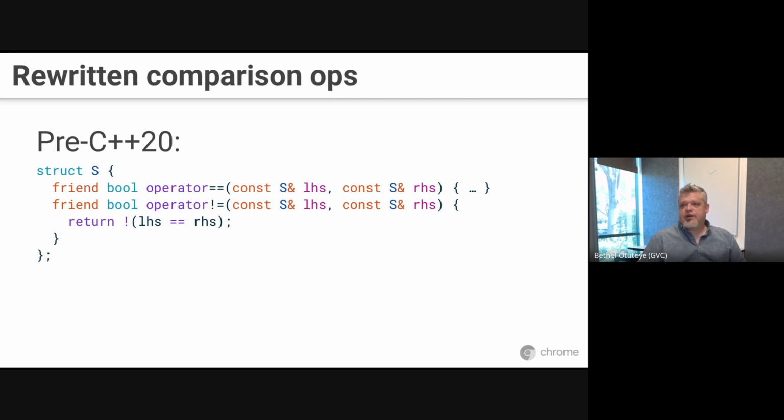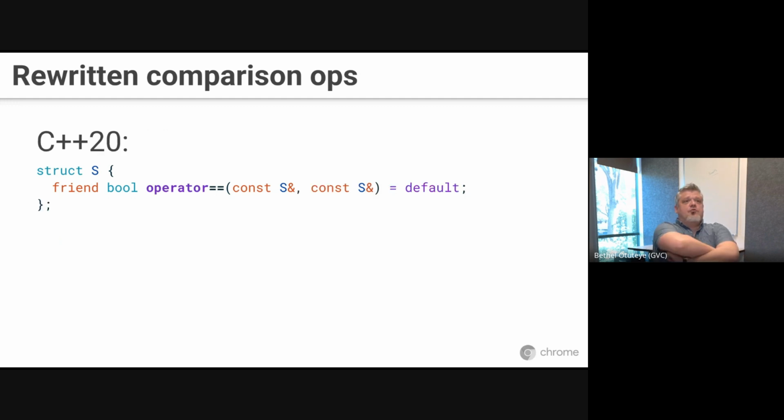This is pretty sane and works fine. It's slightly error prone, but it's okay. But in C++20, you don't even need to write not equals. Just writing equals is enough to be able to call not equals on your class.